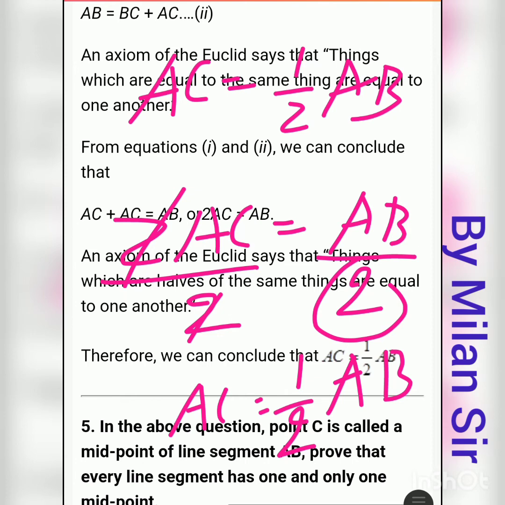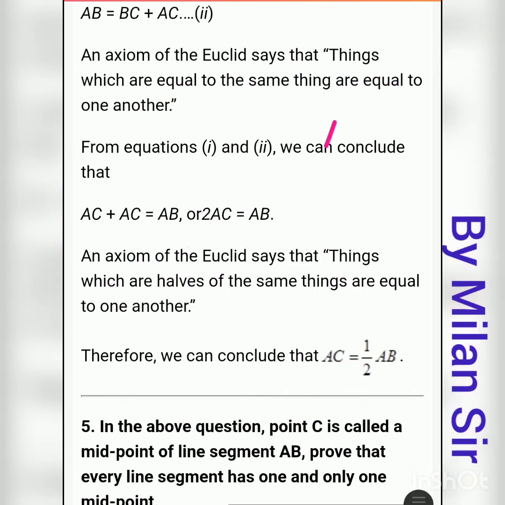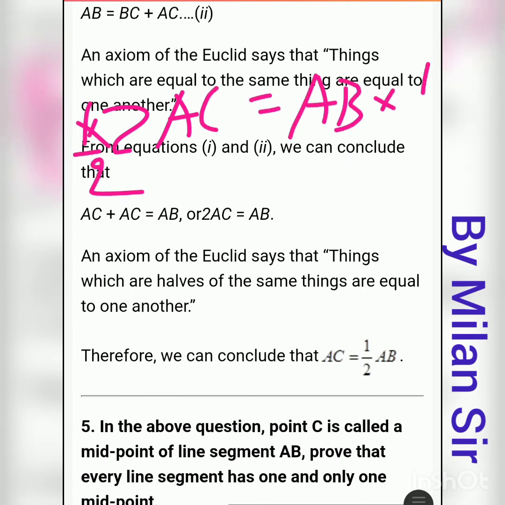One more axiom: things which are halves of the same things are equal to one another. If we take half on both sides, our answer is still correct. So AC is equal to half of AB.